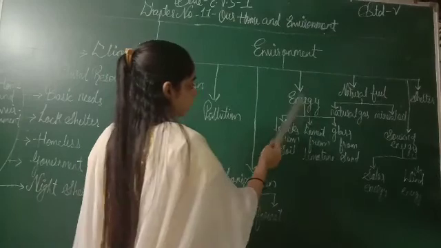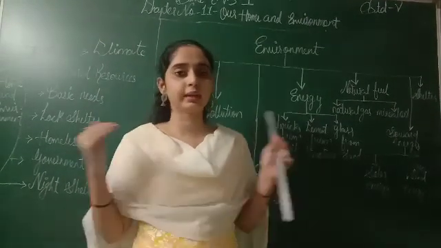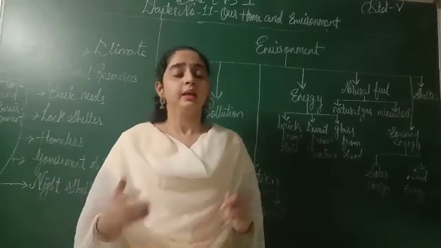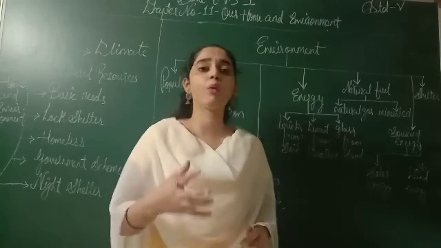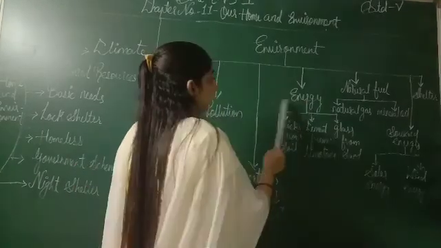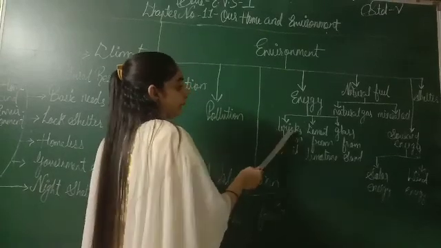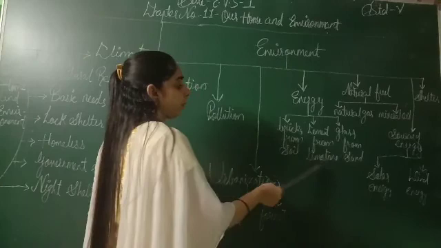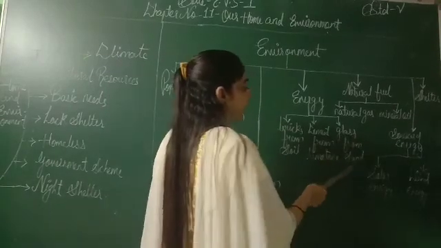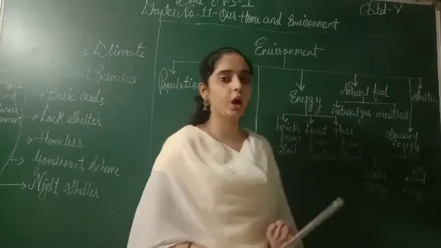Next is energy. We need energy for constructing buildings or houses. This energy we can get from inside the earth by quarrying or mining. With it we can make bricks from soil, cement from limestone and glass from sand, and we need all this to construct a house or home.